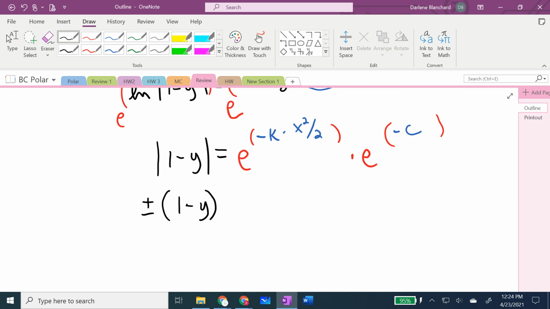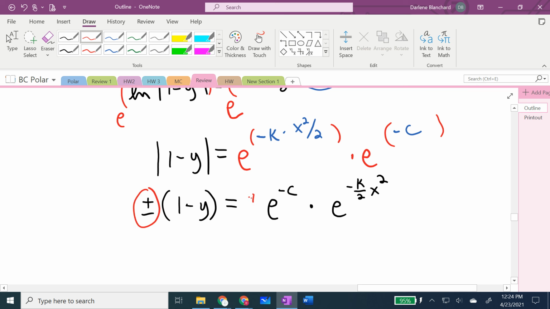It's easiest if you allow it to be absorbed. So what I'm going to do is take my e to the negative c. I'm just switching the order of multiplication. Now, the plus or minus sign, I can actually move over to here and create one giant unknown constant.